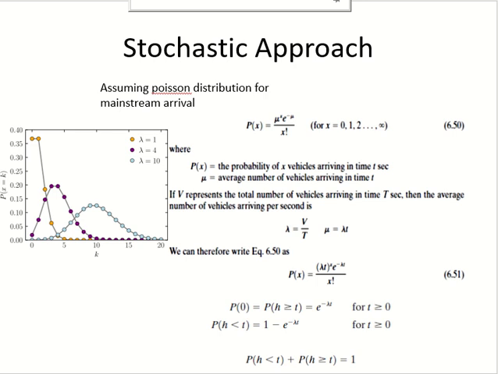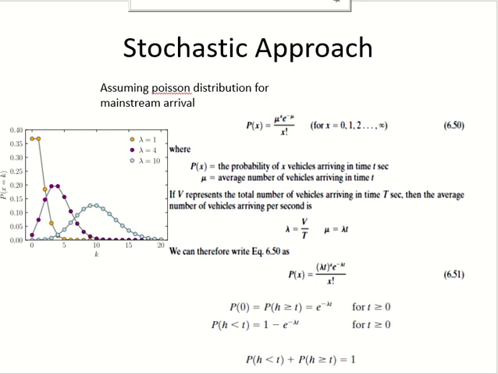Then we said if you make the time interval small t less than the headway between the vehicles. So the headway is 3 seconds, and you are only looking at the road for 1 second. Then how many vehicles can you have? You will have 0. So if we put x equals 0 here, then the equation is this. Wherever you put x equal to 0, it will cancel out and become 1.